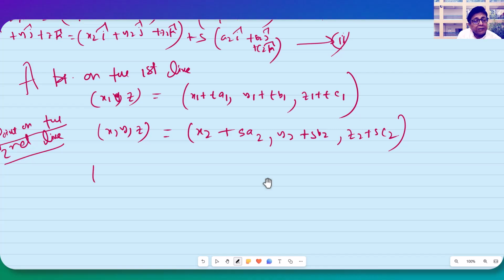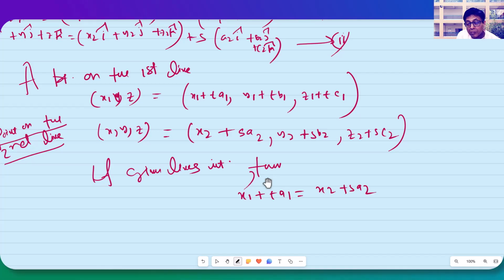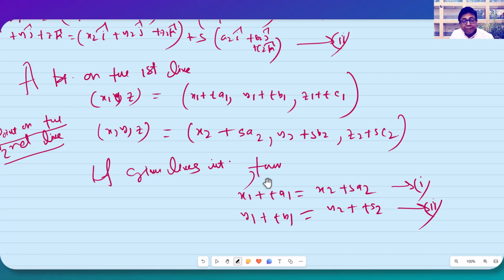If the given lines intersect, then what will happen? x1 plus ta1 equal to x2 plus sa2, I am doing just vector form and comparing, y1 plus tb1 equal to y2 plus sb2. Okay, and the third one is z1 plus tc1 equal to z2 plus sc2.